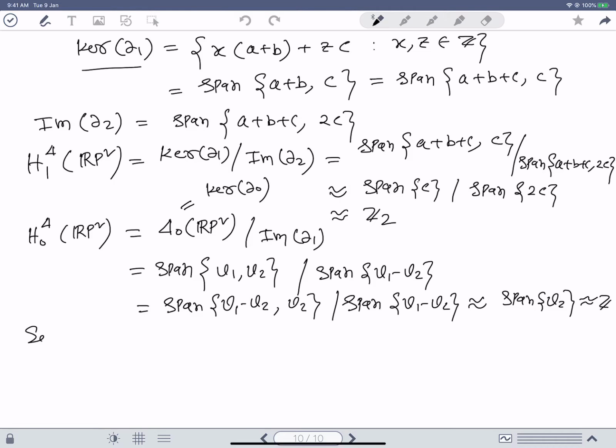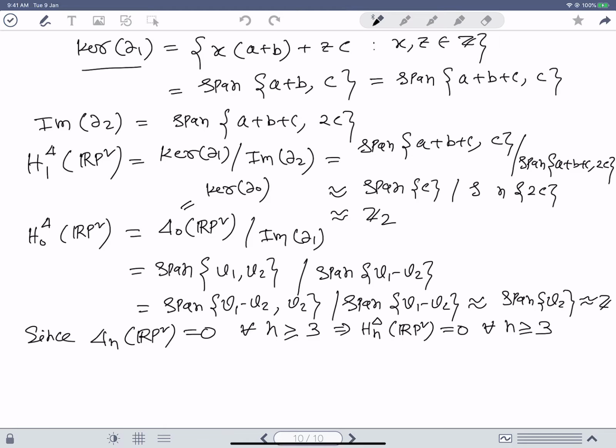And since Cn of RP2 equal to 0 for all n bigger or equal to 3, that implies Hn of RP2 equal to 0 for all n bigger or equal to 3.